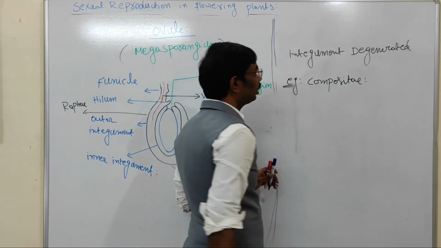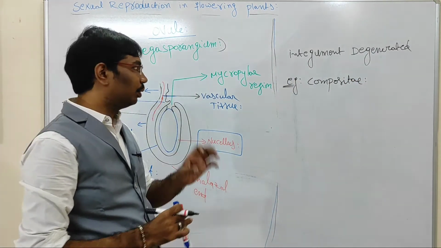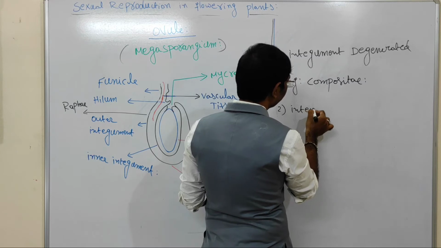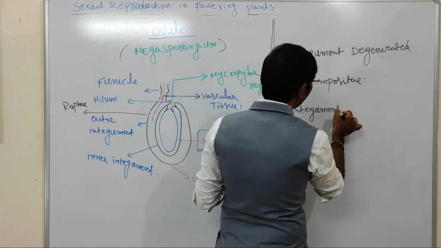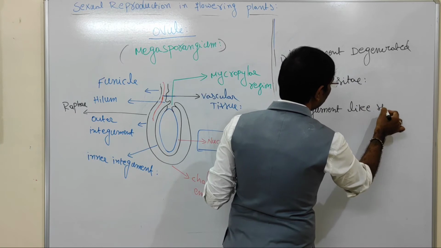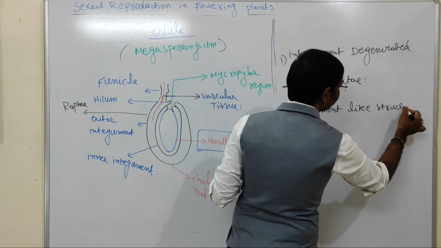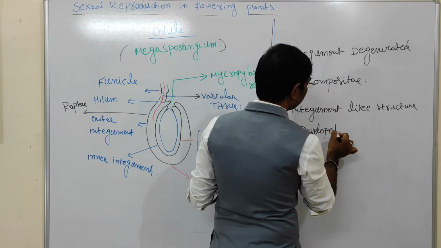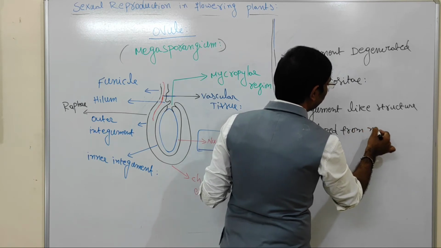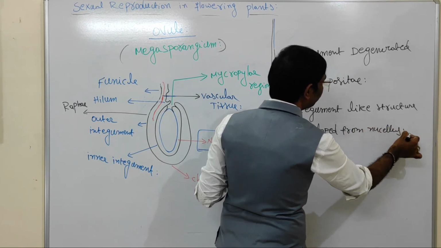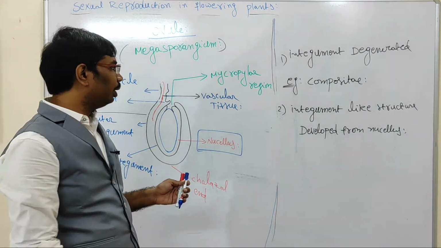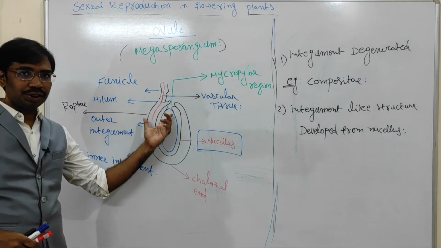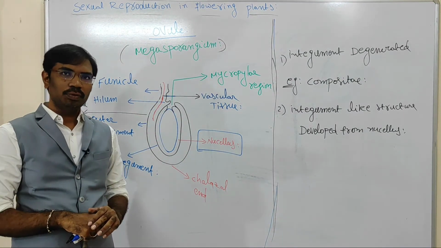If the integument is degenerated, an integument-like structure is developed from the nucellus. This is the explanation about the angiosperm ovule structure.